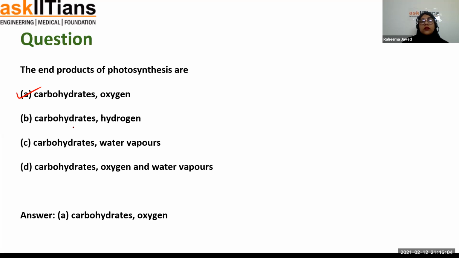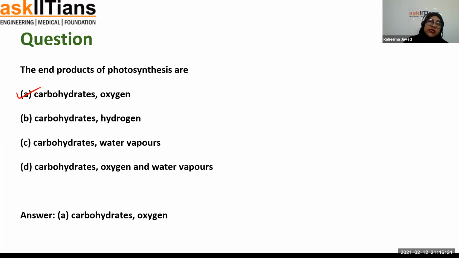There are questions which are related to nitrogen fixation also. Most of the students get confused between the nitrites and the nitrates. So you need to remember, when ammonium is converted into NO2 minus ions, it is converted by nitrosomonas.